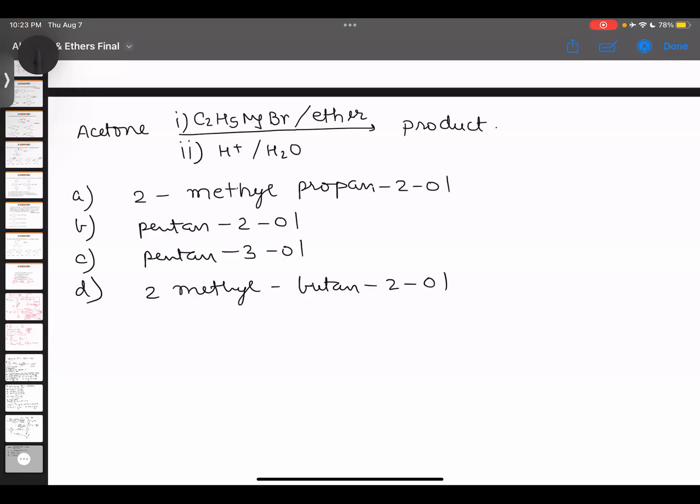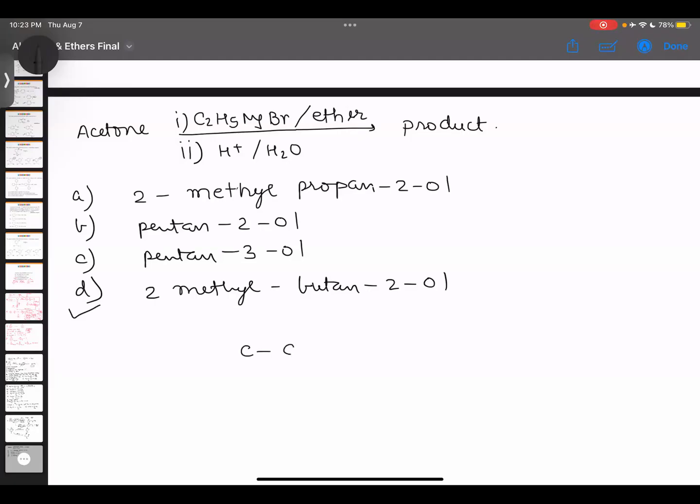So the problem is simple, but actually they have also added IUPAC nomenclature, which can create more troubles because of the lack of time. Yeah, Justine, what should be the answer? Sir, is it option D? Option D, 2-methylbutan-2-ol.